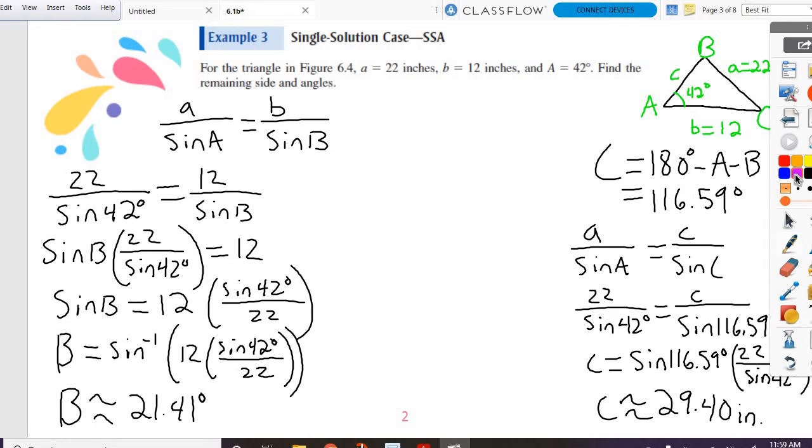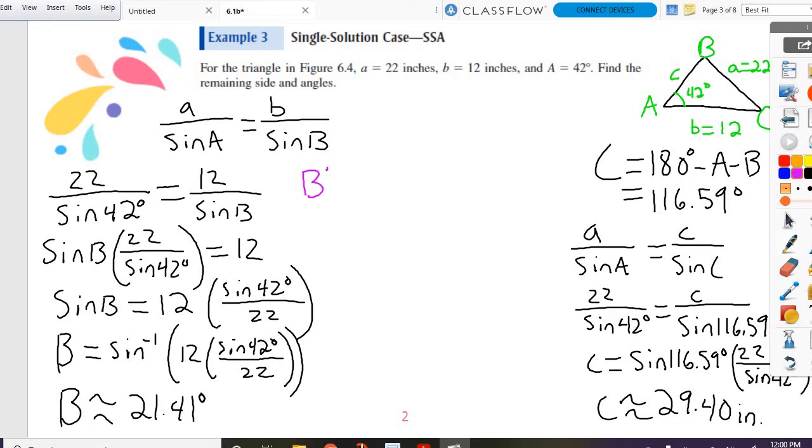Usually our notation for our second answer is to use a prime. If you want to use a subscript instead and say B sub 2 or something like that, that's okay as well. Just make sure that you indicate in some way that this is the second option. Are you all with me?